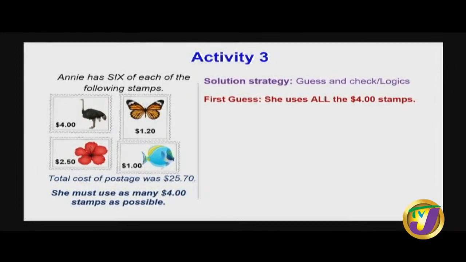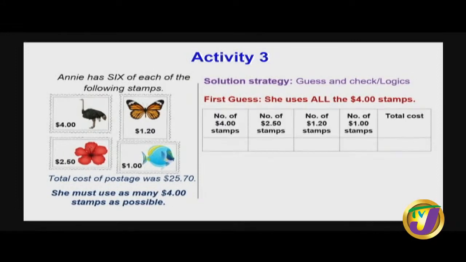So let's assume she used all her $4 stamps. And how many did she buy again? 6 of each, so she has 6 $4 stamps. Let's see how that works out. 6 $4 stamps would cover a cost of $24.